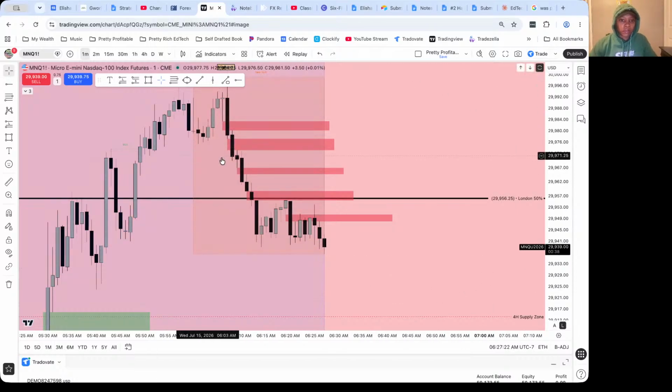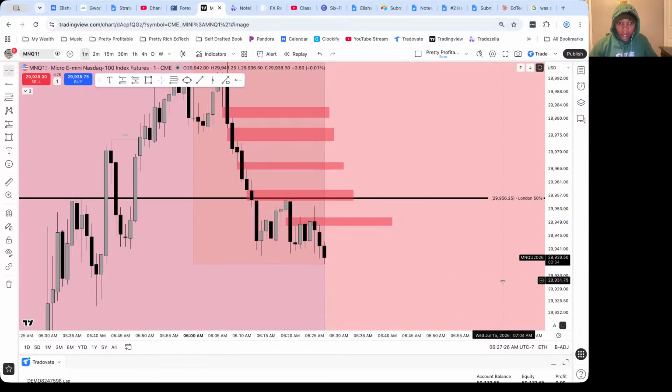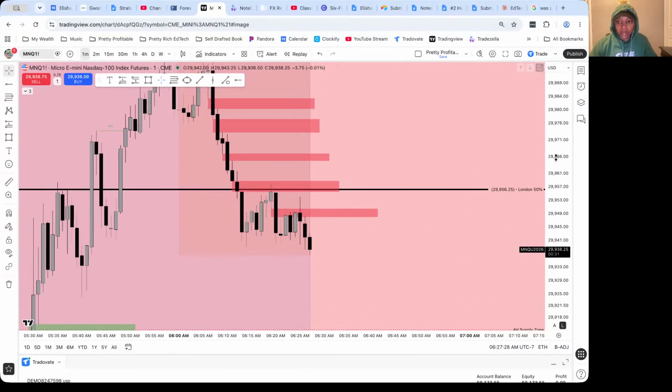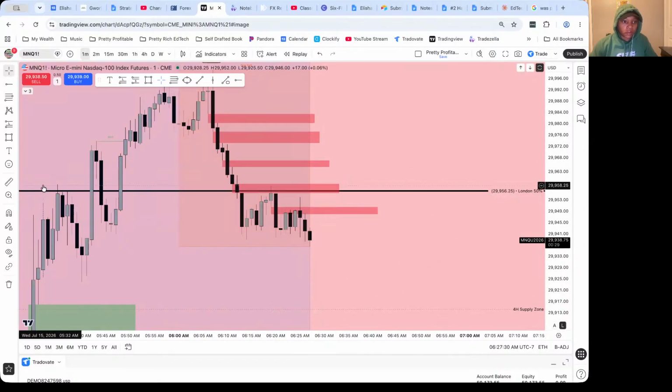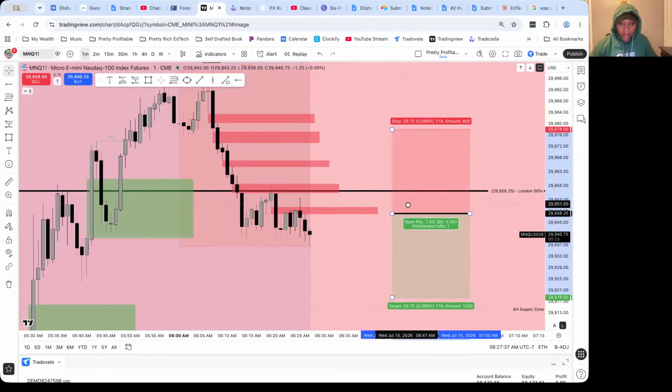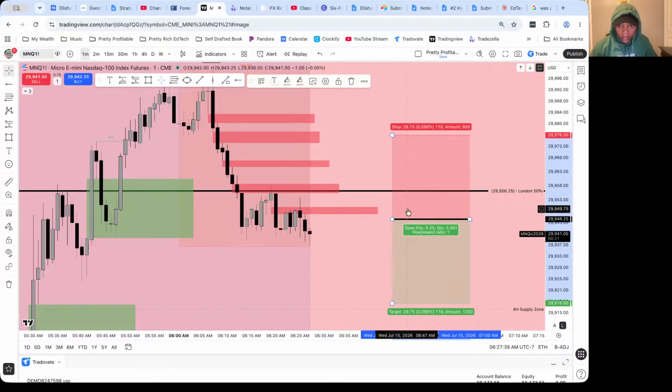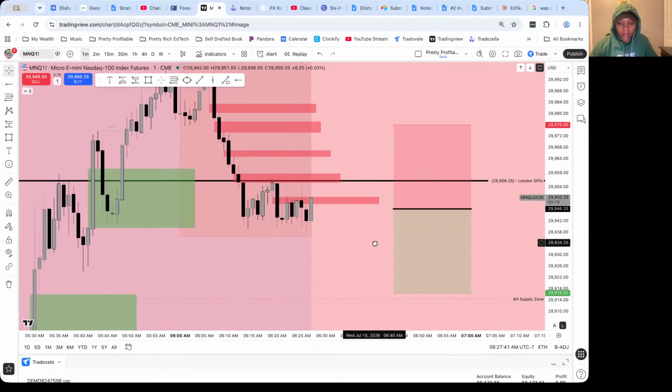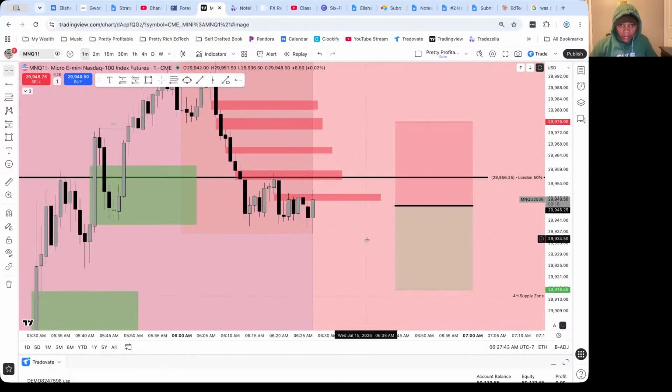I see it's currently going with a downtrend. So I'm gonna get my short two position ready over here. This zone has been respected.